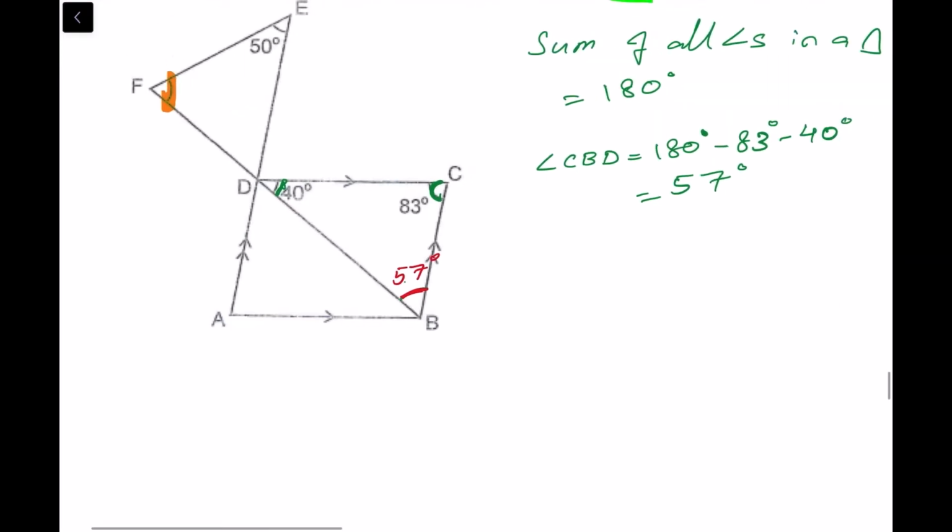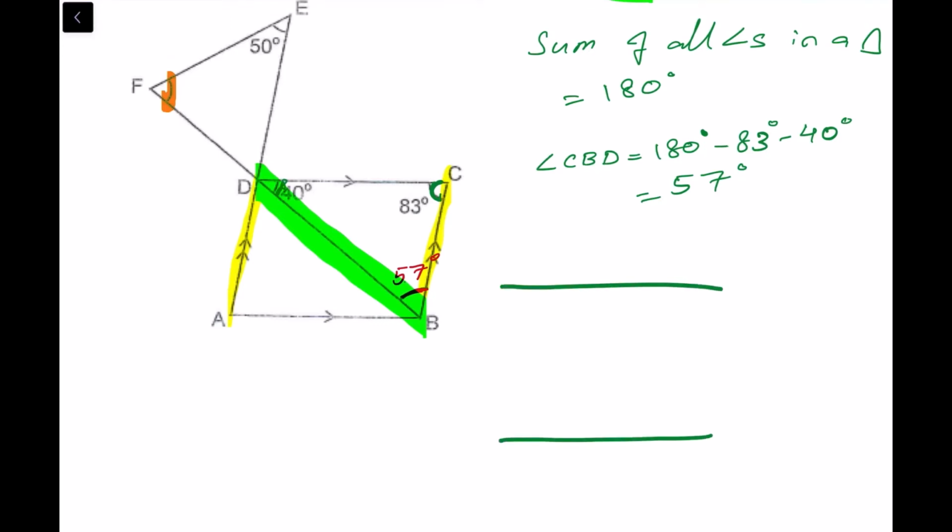Another property of straight lines that you would know is that if we have two parallel lines and a third line which intersects these two lines at an angle like this, then this angle over here would be the same as this angle over here.